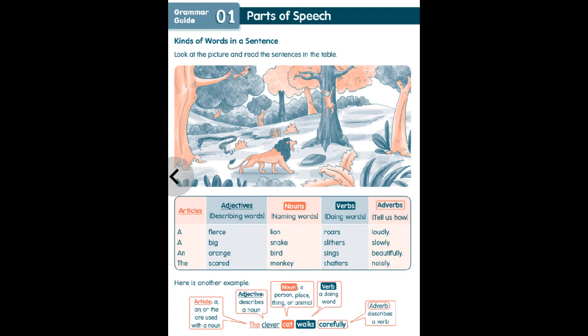Cat, noun. Walks, verb. And carefully is an adverb. So see the various parts of a sentence. All these words make one sentence.